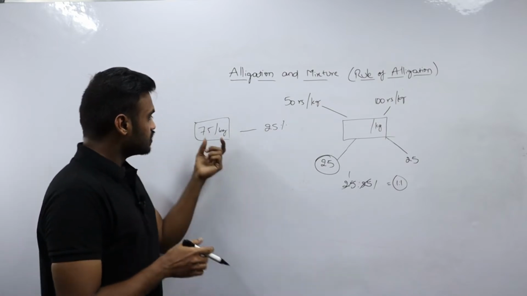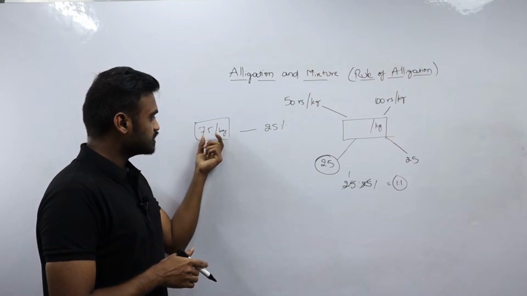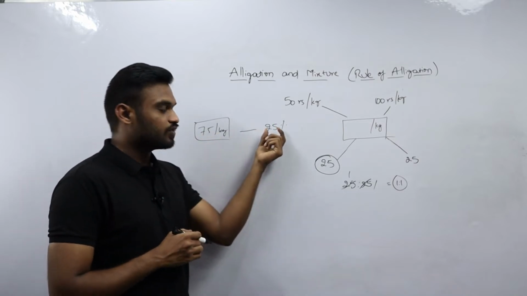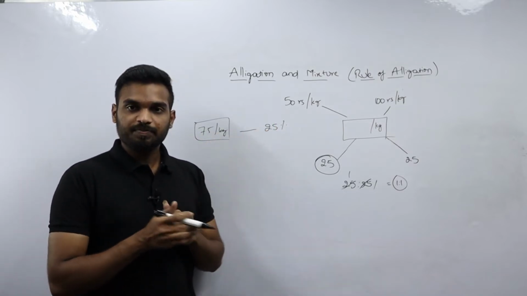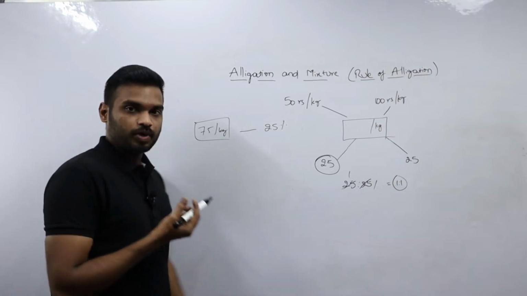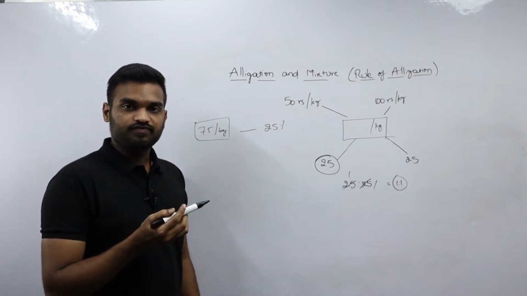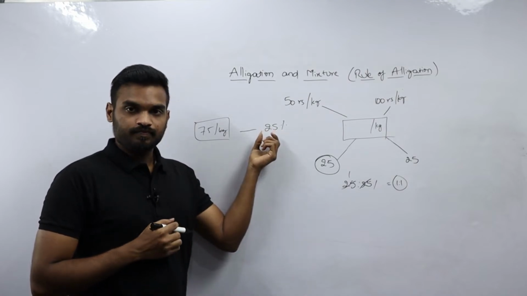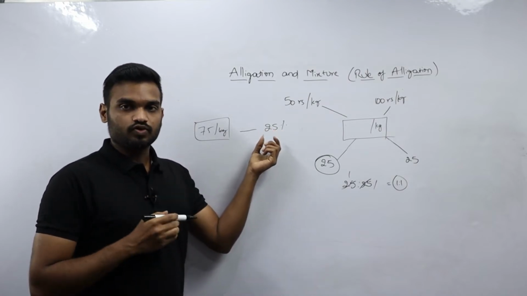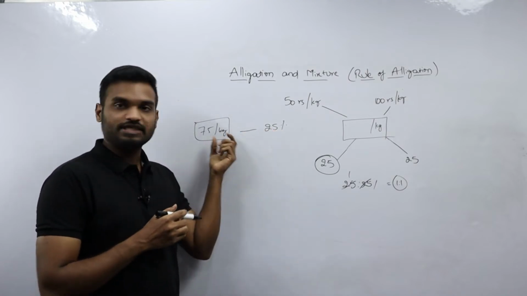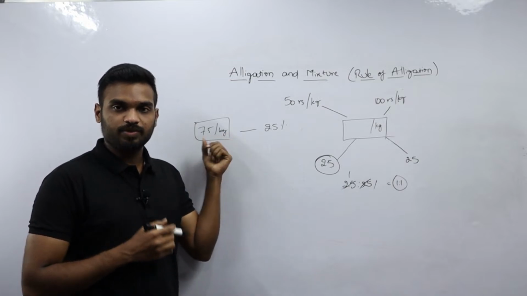See here, the small logic is this: 75 rupees per kg is the price after selling with 25% profit, but not before selling. That is, this is not the actual mean price.